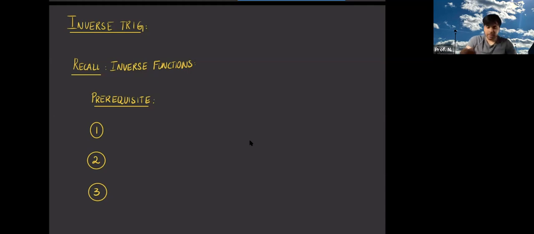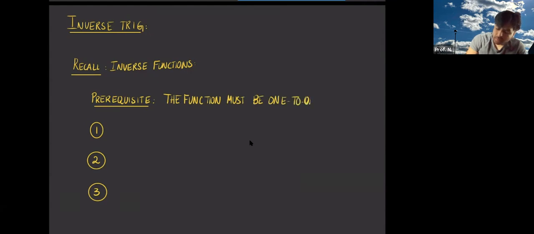The prerequisite is that the function must be 1 to 1. Remember this? It must be 1 to 1. What does the 1 to 1 mean? Does anybody remember?